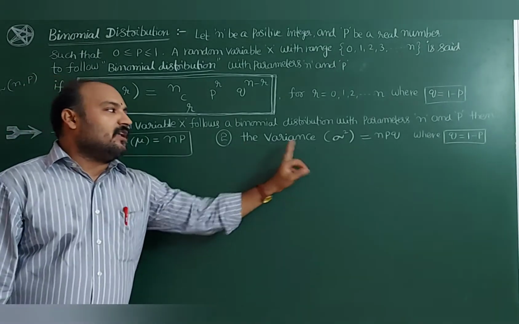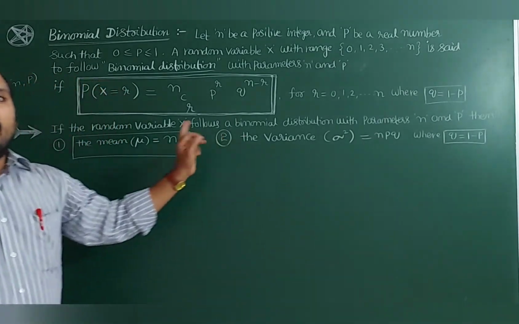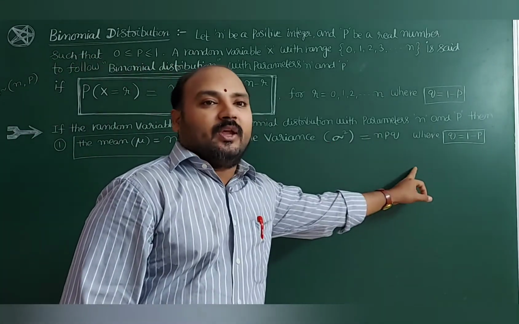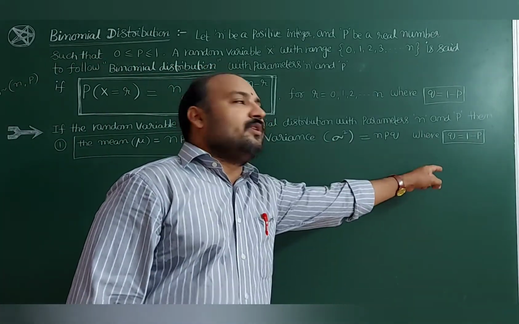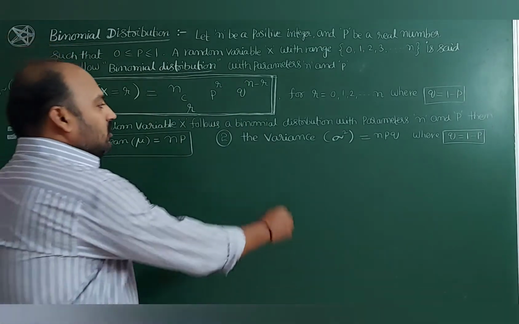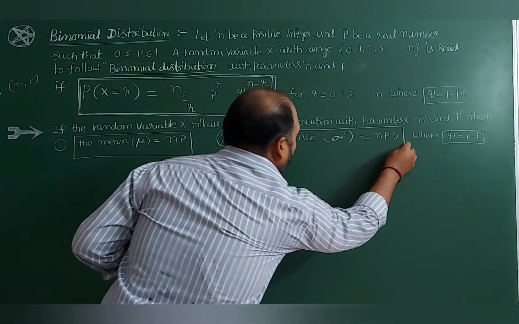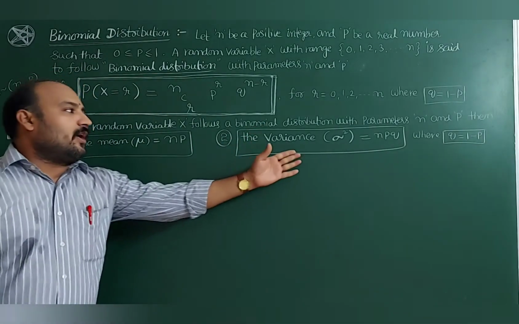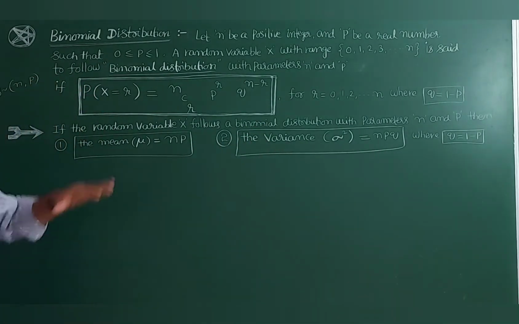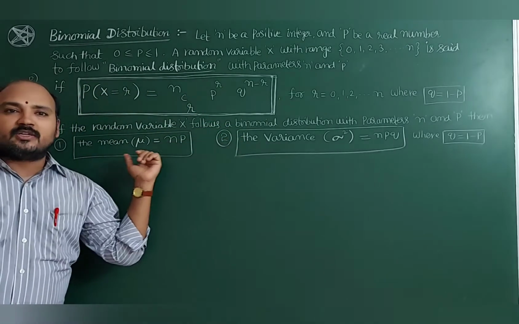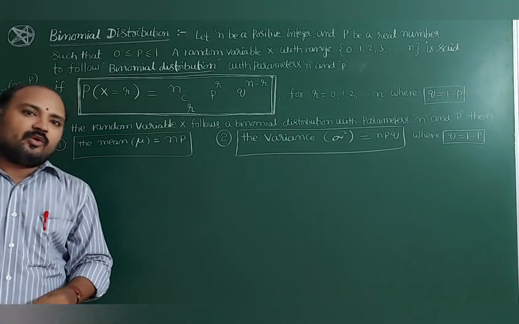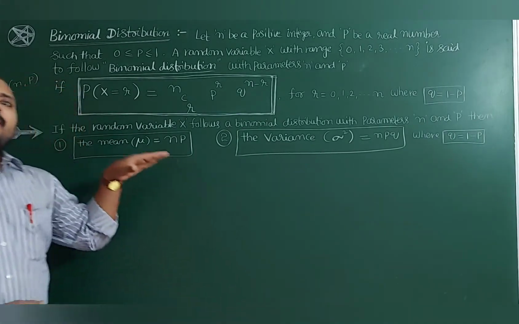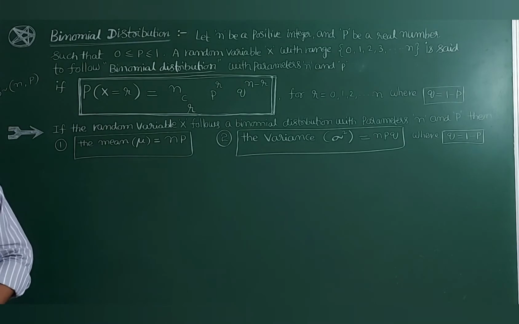And the variance of binomial variate is sigma square equal to npq, where q is equal to 1 minus p. So based on these three important formulas, we are going to discuss now.